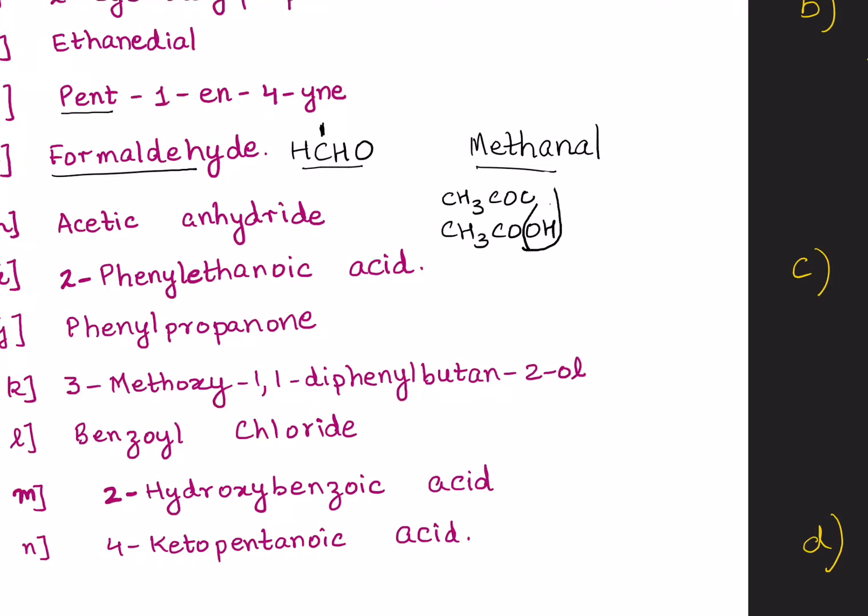So how am I going to show the structure? I have explained to you the logic of having that name in the common system. Whereas in the IUPAC system, it's a derivative of ethanoic acid. So ethanoic anhydride, correct?